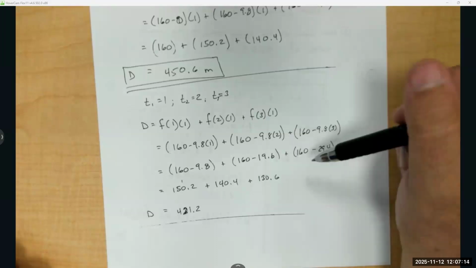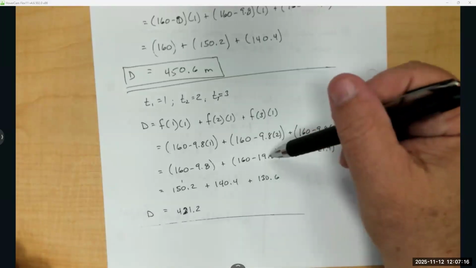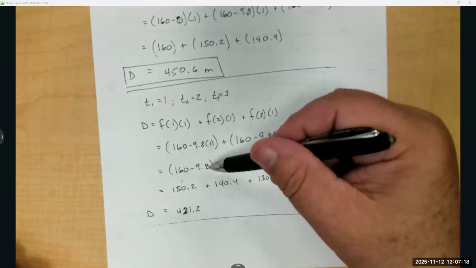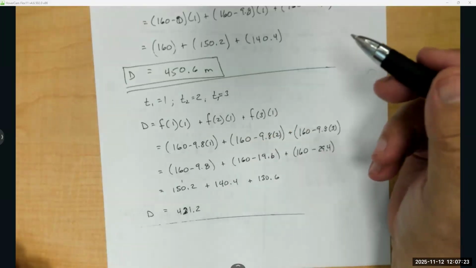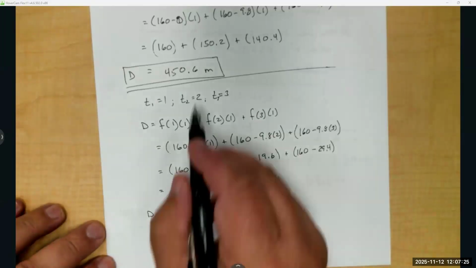This is 30.6, this is 40.4, this is 50.2. This just looks weird. This looks very small compared to this one up here.